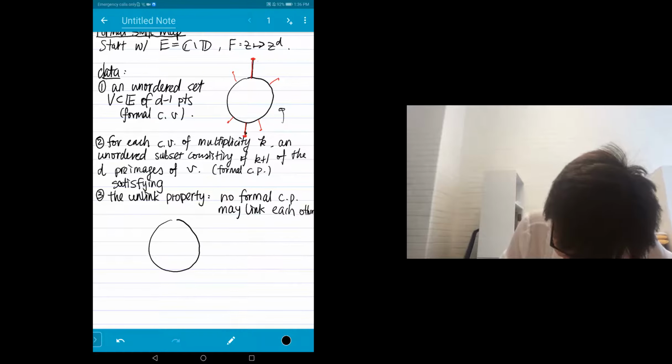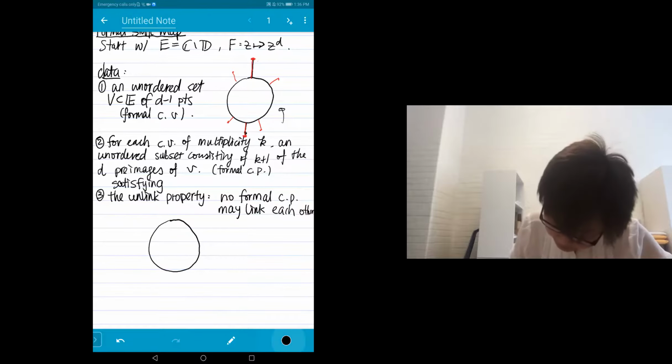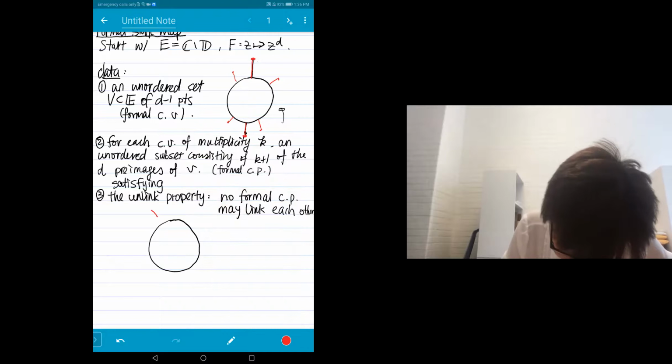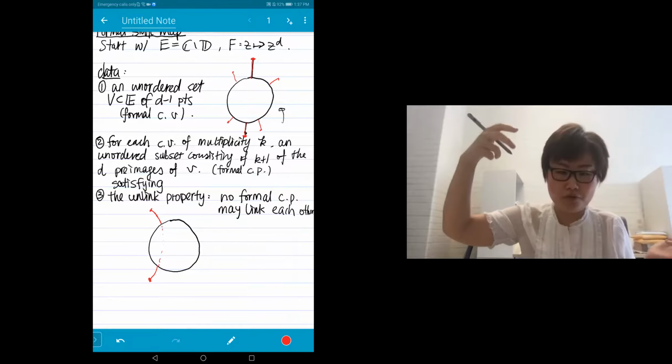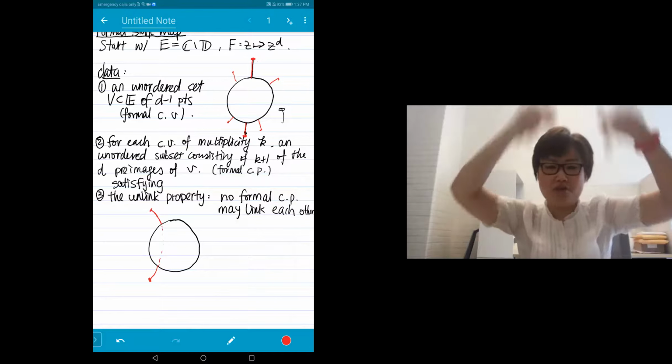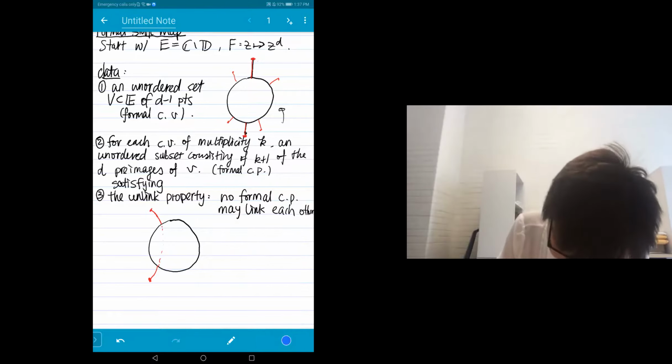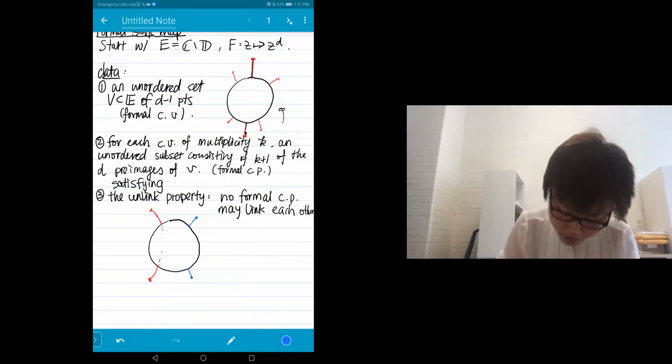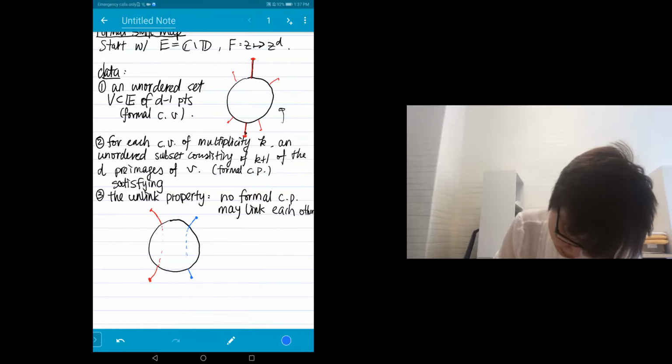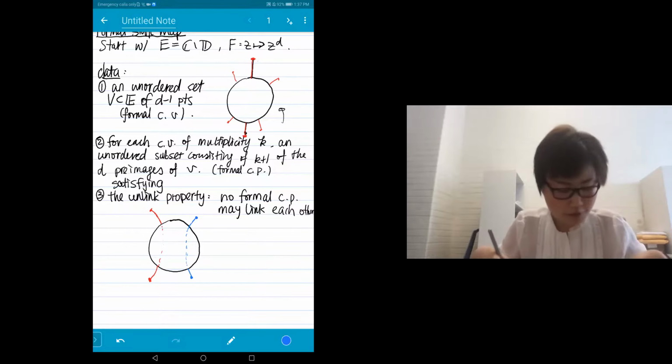So this is again the complement of the disk. Now suppose I have two critical points. So I will have a red stick. This means they're connected. Again, you can cut along these two reds and glue them together. So this looks like a pair of pants, right? And I can also have another critical point, something like this. And again, if I cut them up, then this is a shorter pair of pants.